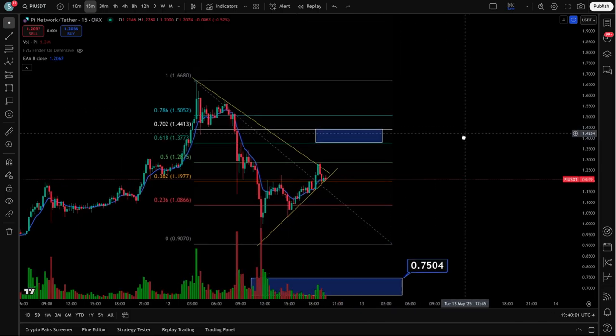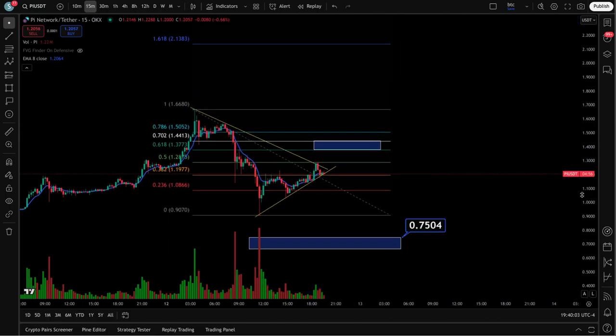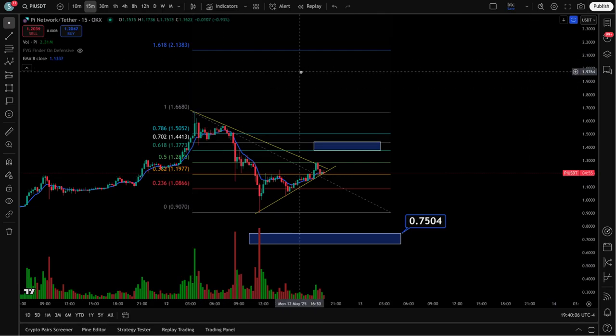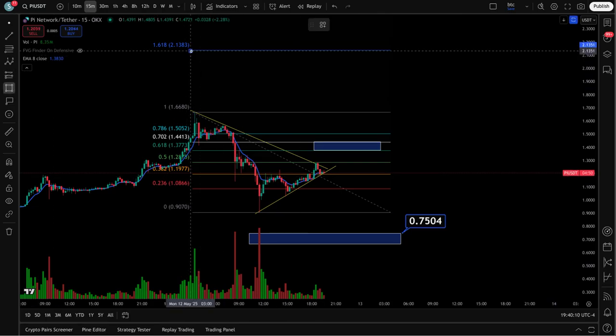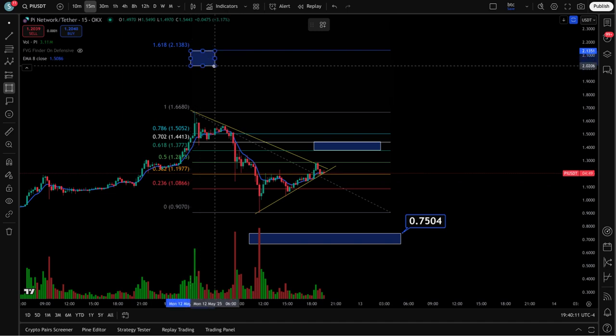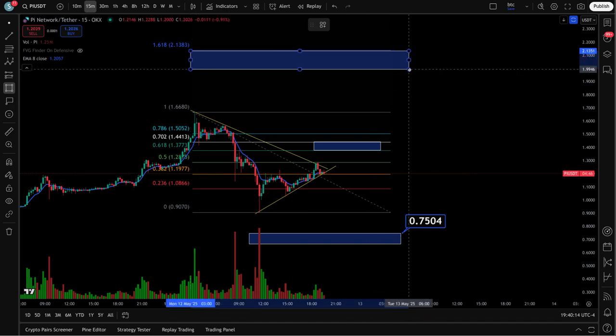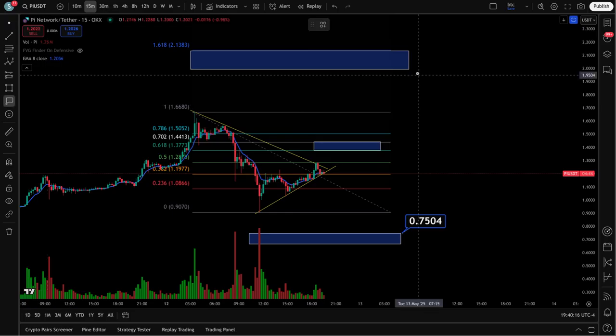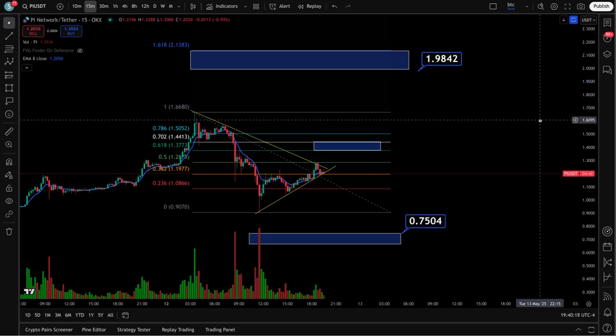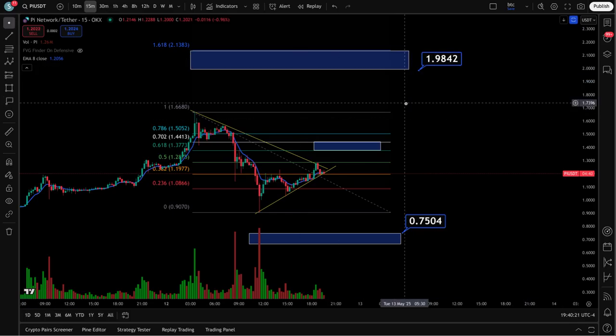Now, more than likely, if you get the break to the upside, probably heading up towards $2. That would be more realistic with a wedge that size. Right up in this range up here, right around $1.98 to $2.13 up in there.